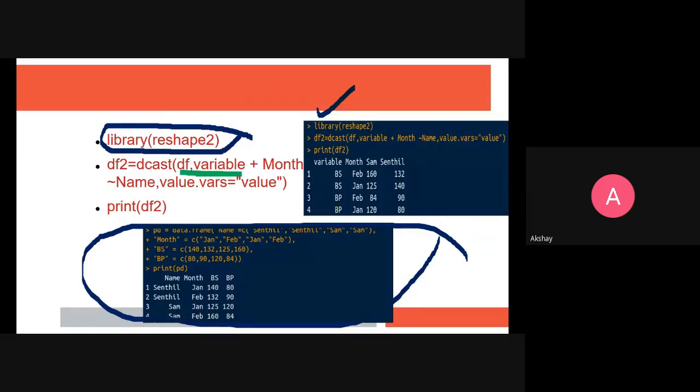So this variable is written here. Okay, after that variable is month. Then month is denoted here. After that, name and value pair. Names are written as columns and the values are written inside these columns.